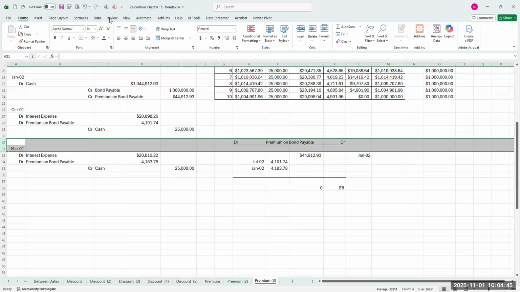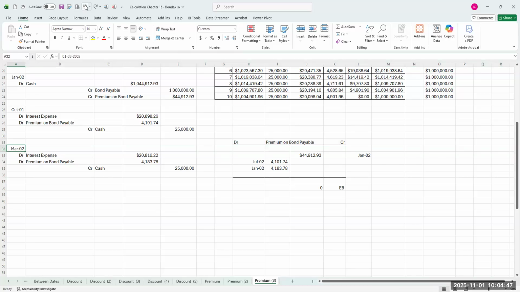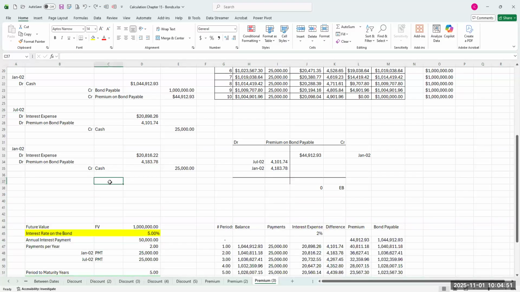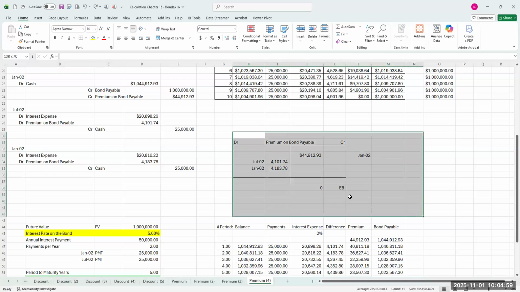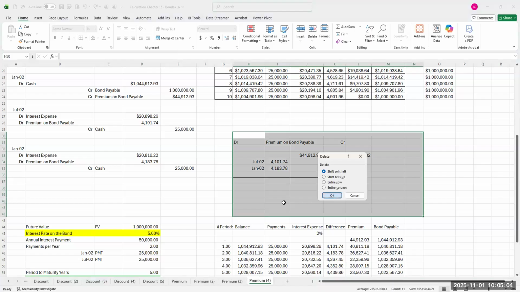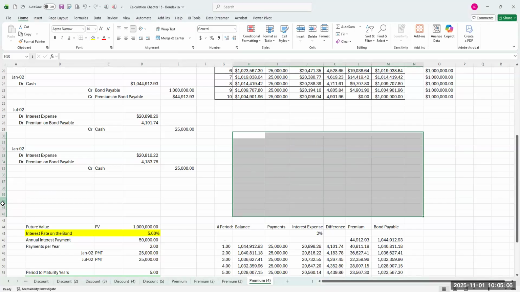Actually, no. You know what? Let's do it this way. Let's leave it the way it is. Move it here and create a new worksheet. So in this worksheet, I don't need this part. And I don't need this part.